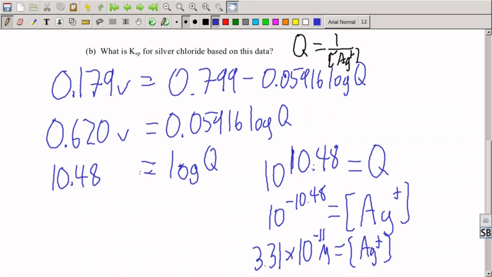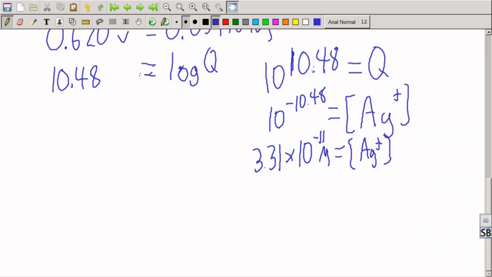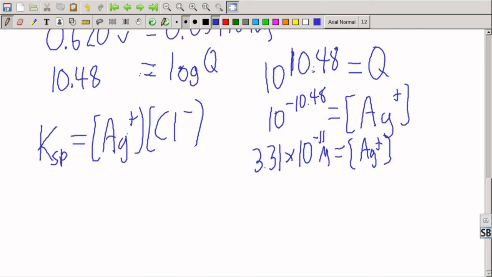Okay. How do we get the KSP from this? Yeah, okay. So according to what we know, for silver chloride, the KSP is equal to the concentration of silver ion that we measured in our cell times the concentration of chloride ion that we threw in there, which is much, much larger.